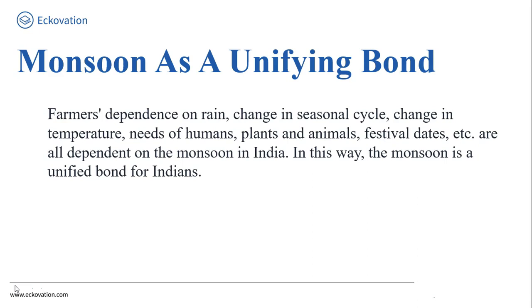So, these monsoon winds bind the whole country by providing water to set agricultural activities in motion. And in this way, we can say that the monsoon is a unifying bond for Indians.